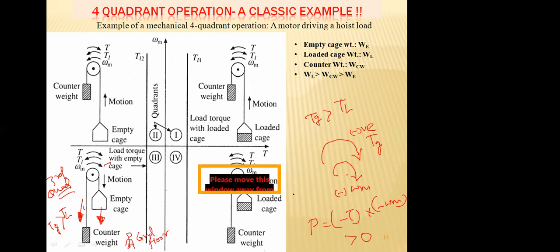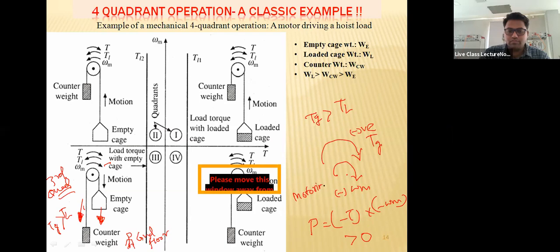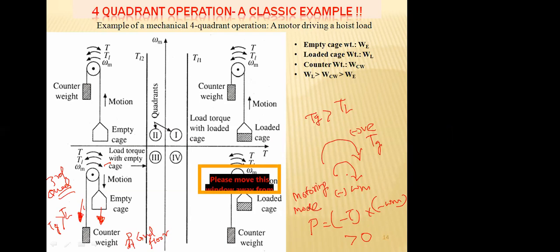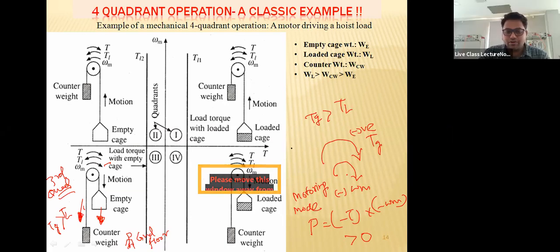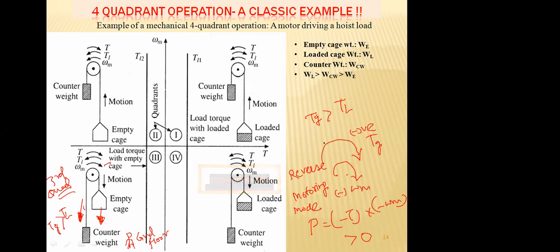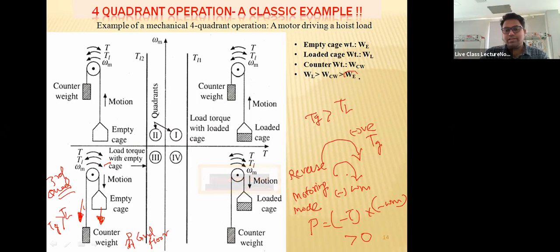First of all, it is motoring mode, right? Now, because it is clockwise, we will call it negative or reverse, right? If the direction of rotation is clockwise, we will call it reverse. If the direction of rotation is anti-clockwise, we will call it forward, or positive.